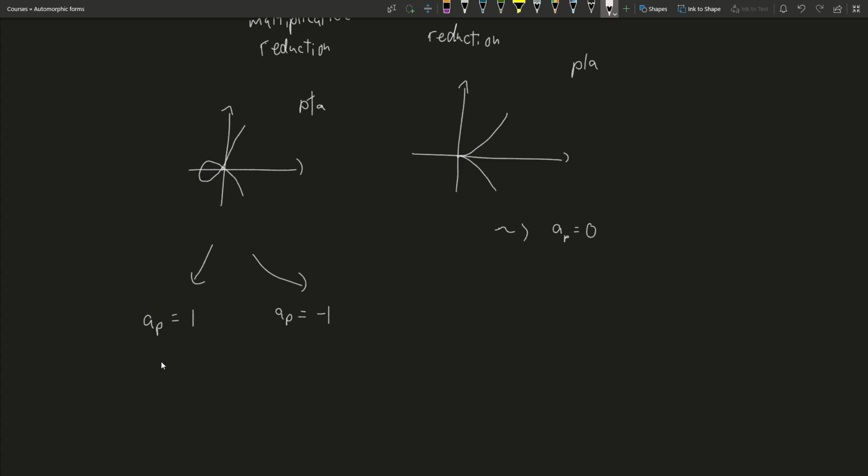The case a_p is 1 is when you have split multiplicative reduction. And this is called non-split multiplicative reduction.